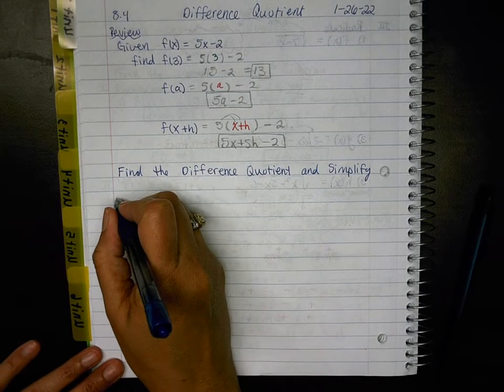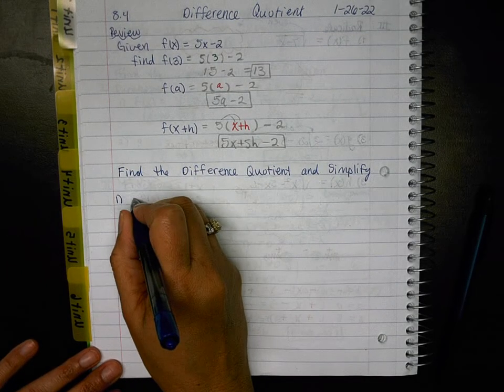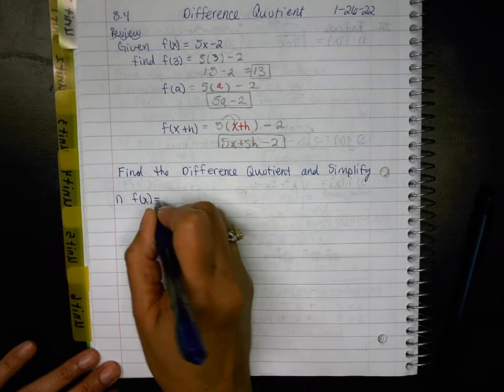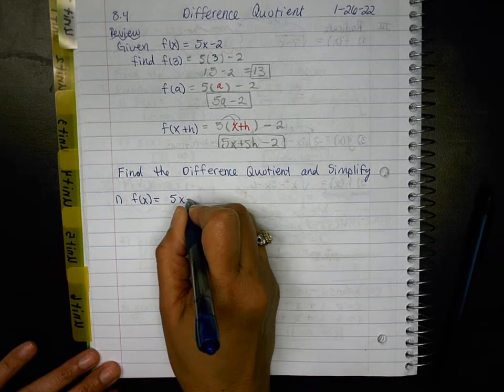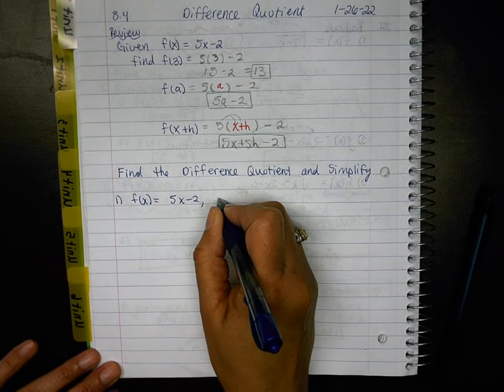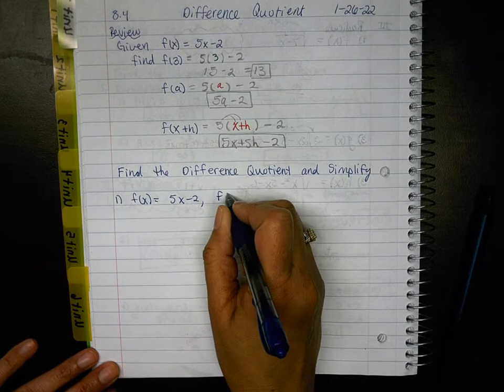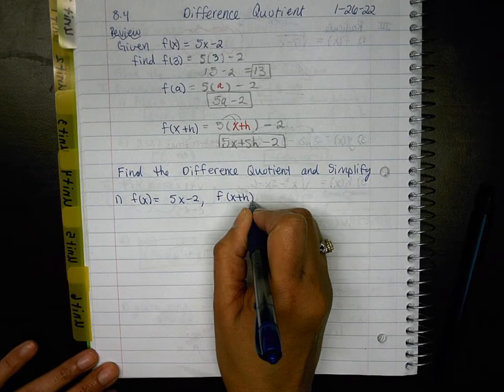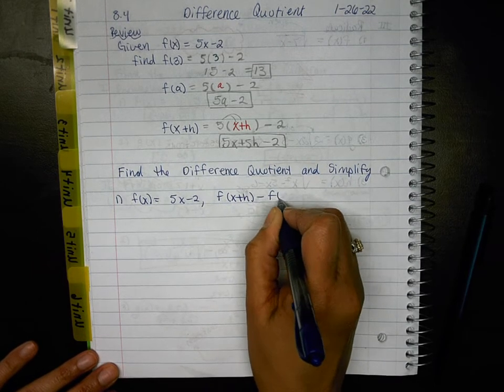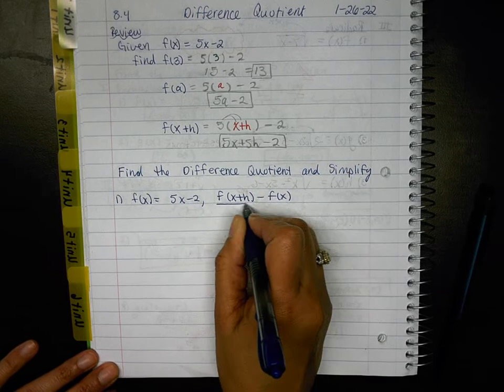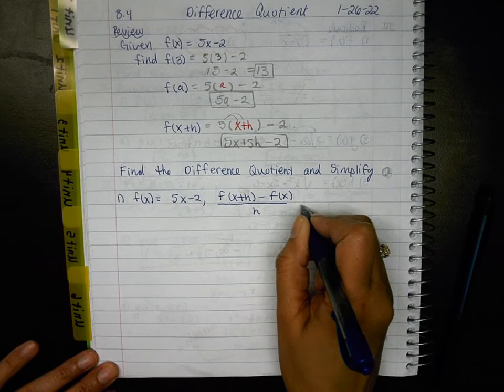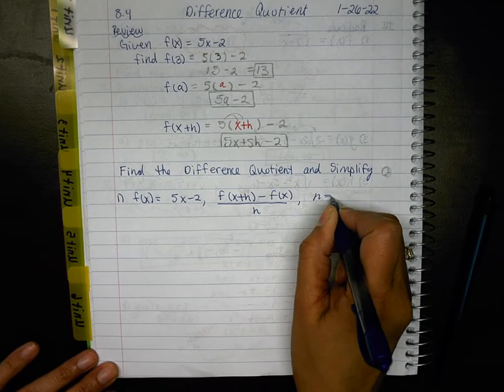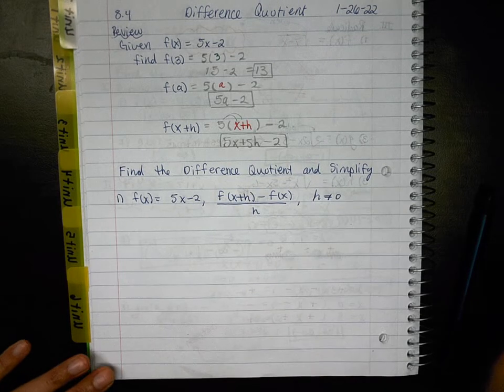Number 1, f of x equals 5x minus 2, comma, f of x plus h minus f of x all over h such that h does not equal 0.